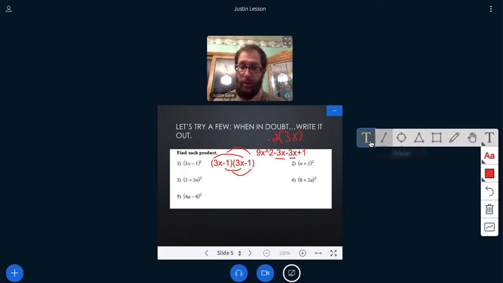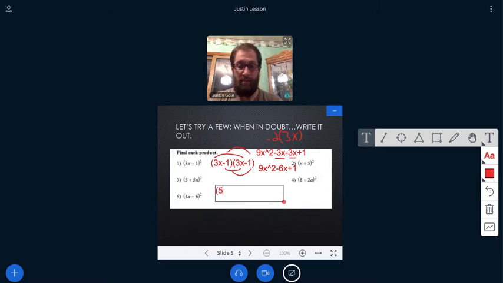But now we're going to simplify this. We have 9x squared minus 6x plus 1. You'll notice that's actually a squared plus 2ab plus b squared, right? It's the same thing.